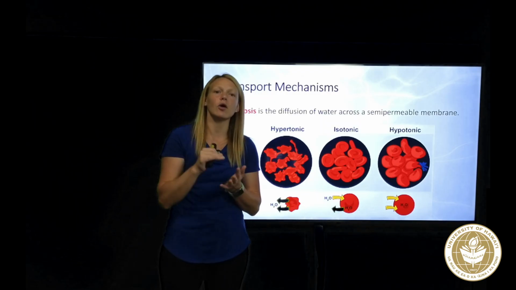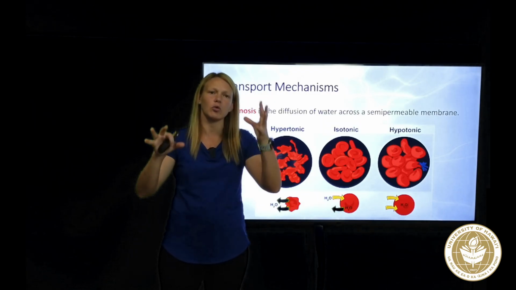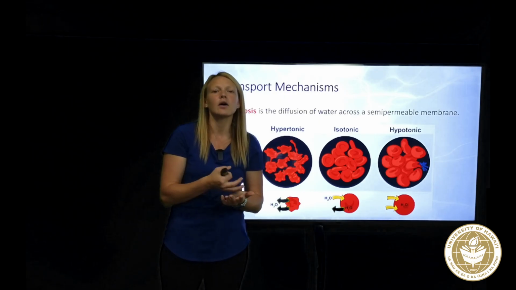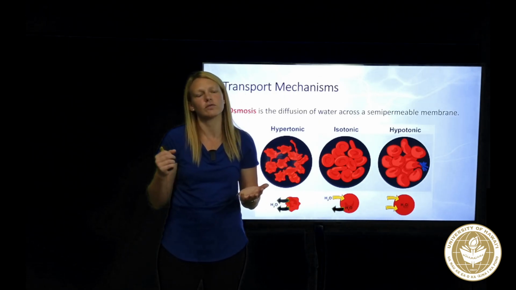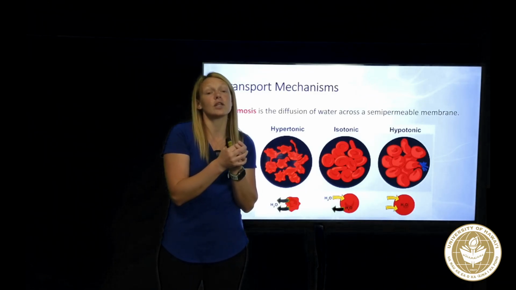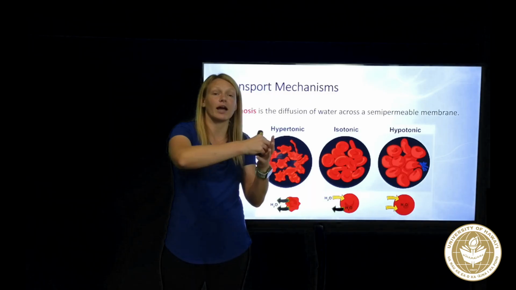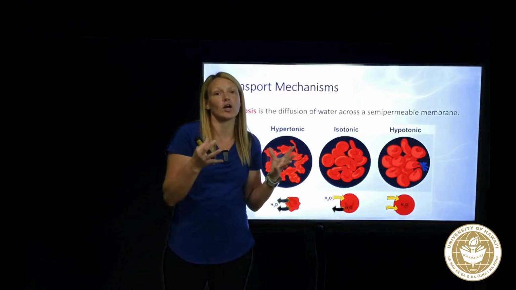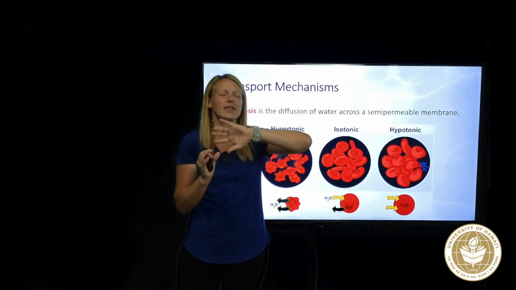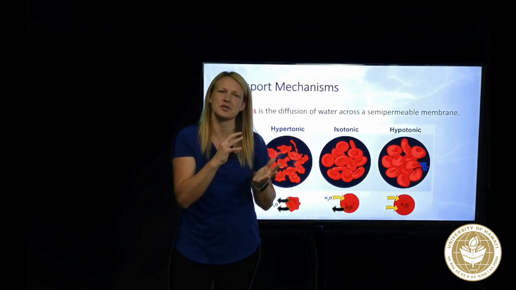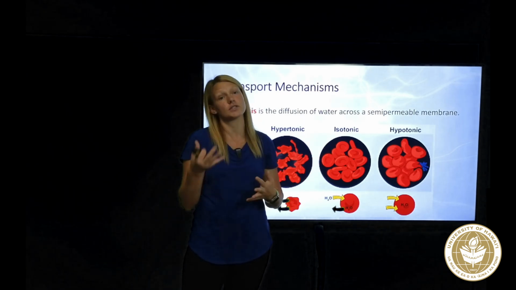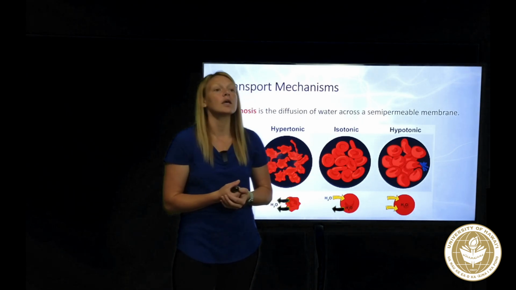So it's going to want to flow in a way that the solutes are equal on each side. So if you have more solutes somewhere, water is going to want to flow towards that, leading to there being more water there, decreasing that concentration and equaling out the concentrations. So it's kind of thinking of it in the opposite light of simple diffusion, right? Because now we're talking about fluid moving, that water moving, versus the solutes moving.